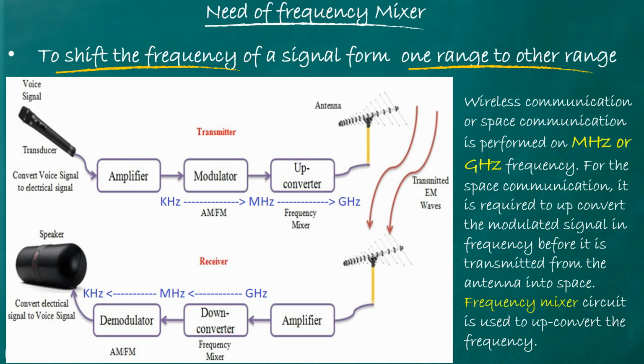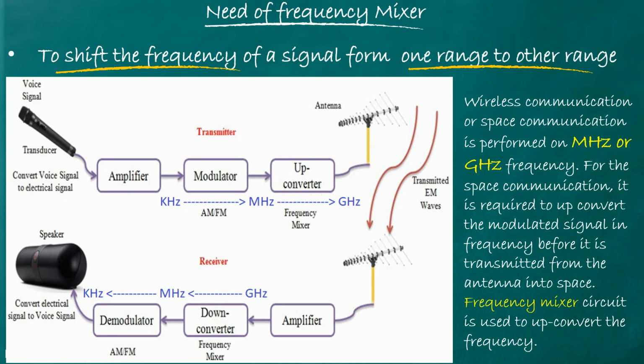Next is why there is a need for frequency mixing, why a frequency mixer is required in communication. For simplicity, I have represented the basic block diagram of wireless communication. This is the transmitter part, this is the receiver part. On the transmitter side, after modulation, if you remember, we have used an up converter, and after up converting the signal, it is transmitted by the transmitting antenna, right?